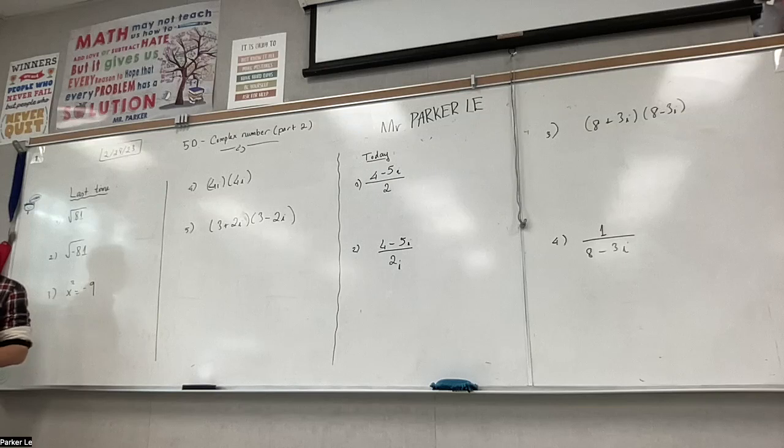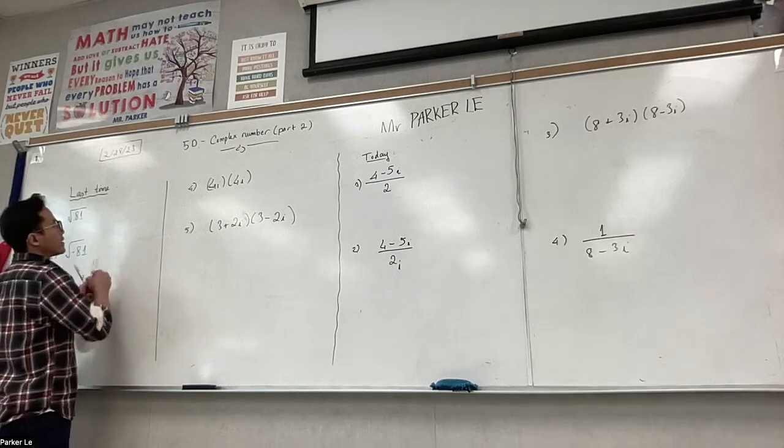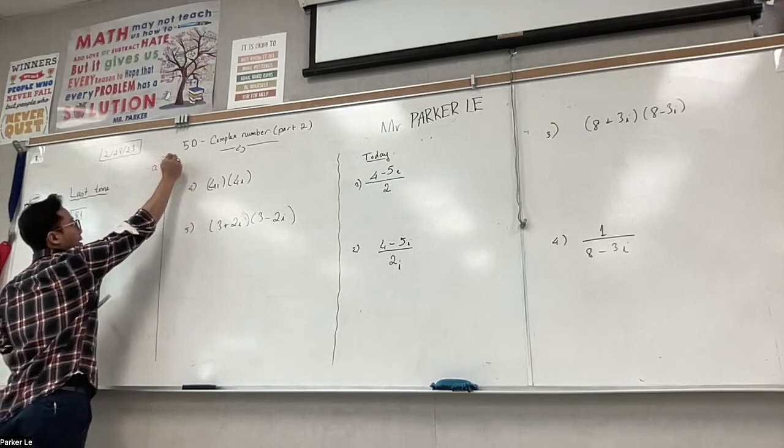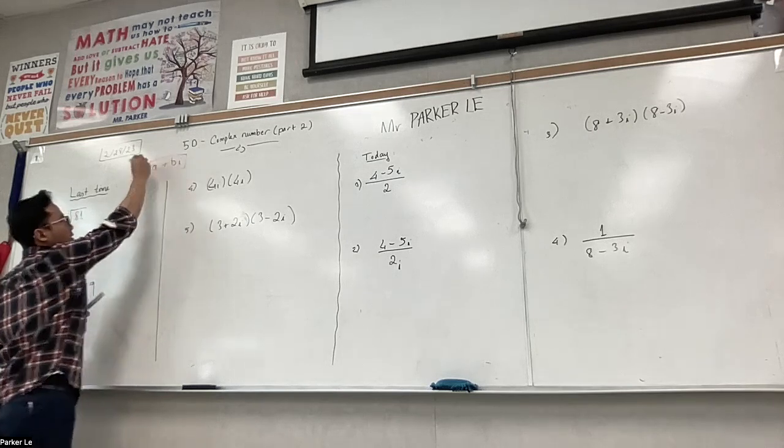Two parts, yes. One part is the real part and the other part is the imaginary part. Yes, very good. So again, a complex number has two parts: the real part and the imaginary part.